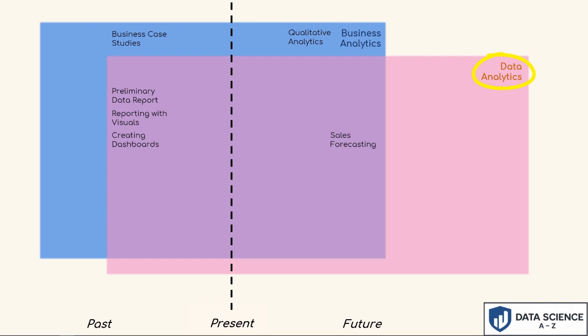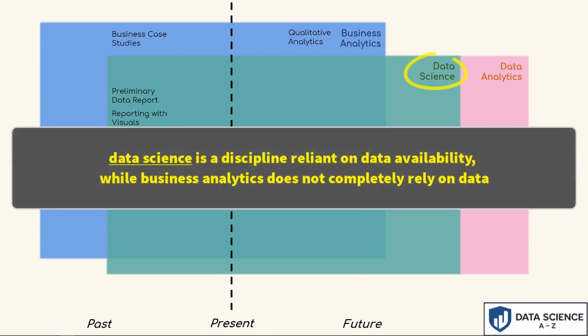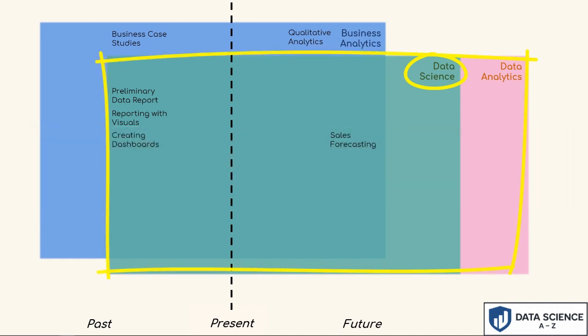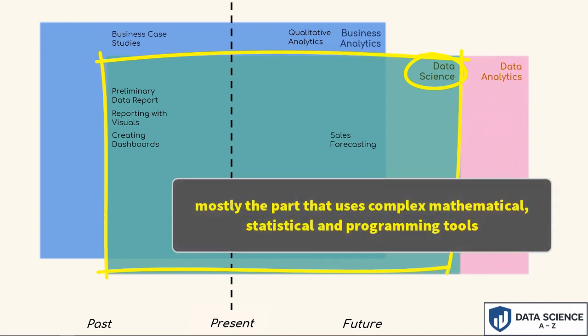Okay, good. Let's continue with adding another term, the most sparkly of them all, data science. Data science is a discipline reliant on data availability, while business analytics does not completely rely on data. However, data science incorporates part of data analytics, mostly the part that uses complex mathematical, statistical, and programming tools.